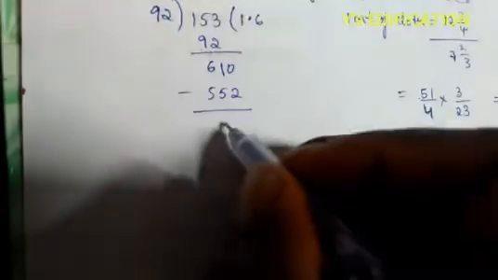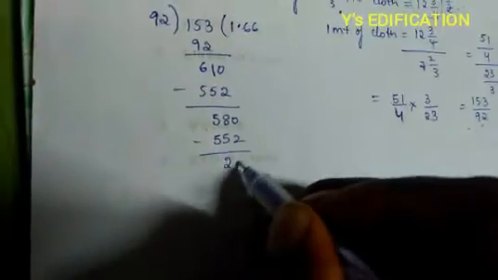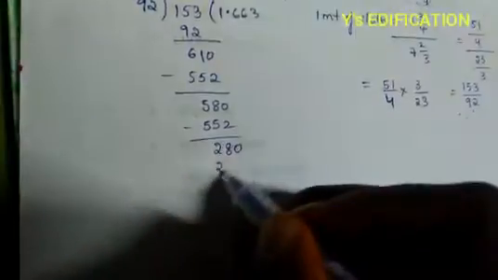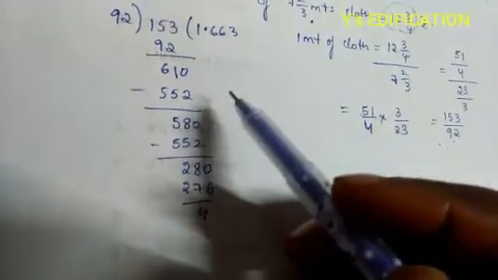After subtraction 58, again a zero, 92 into 6 is 552. This is 28, again a zero, 92 into 3 is 276. So this is going to repeat like this. So this is a non-terminating decimal.